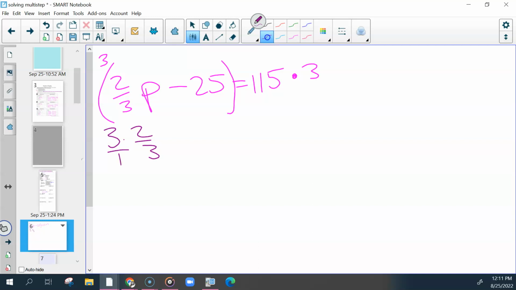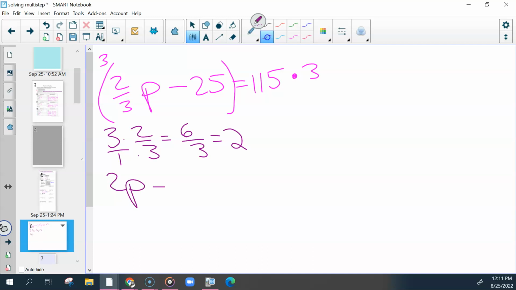So all of the numbers you know really have an invisible 1 underneath. And we're multiplying across. So this will be 6 over 3. And then we could simplify this to become 2. Now again, do you have to do that by hand? No, you can do it in your calculator, but so you know where that came from.